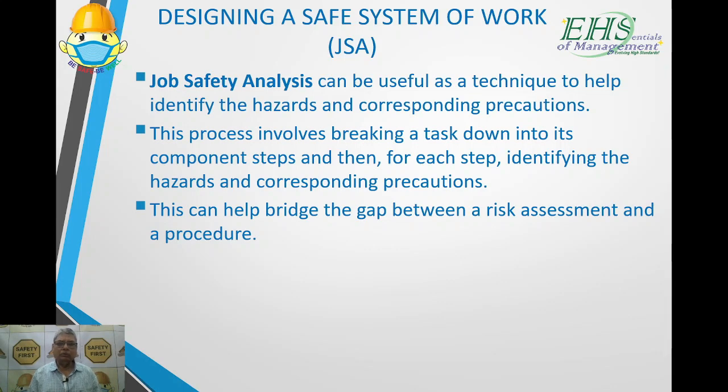So, you have to consider a procedure, maybe a safe operating procedure you can call it, so that you take into consideration the risk assessment you have done. So, it is a sort of bridging a gap between the risk assessment you have done and the procedure you are going to follow. The procedure corroborates with the risk assessment you have done.